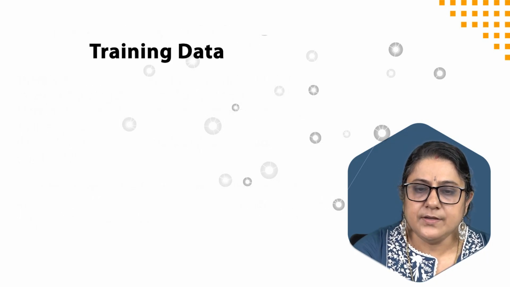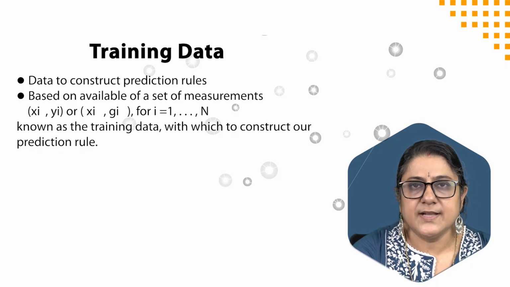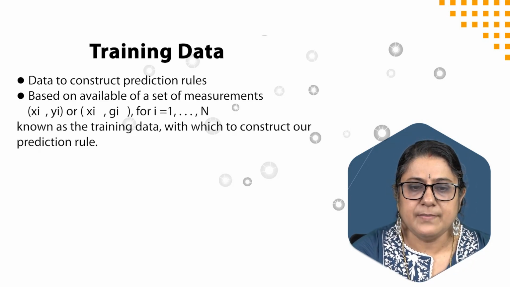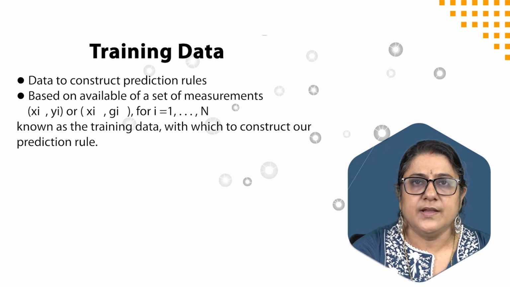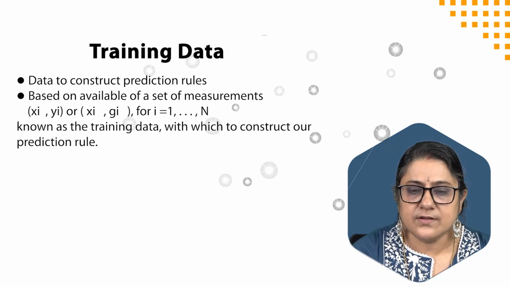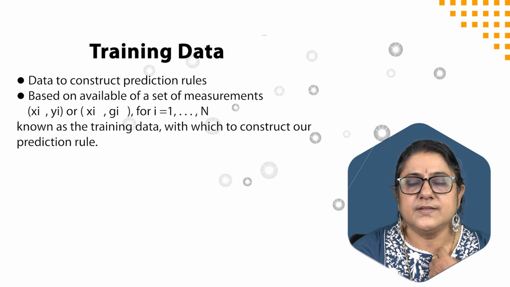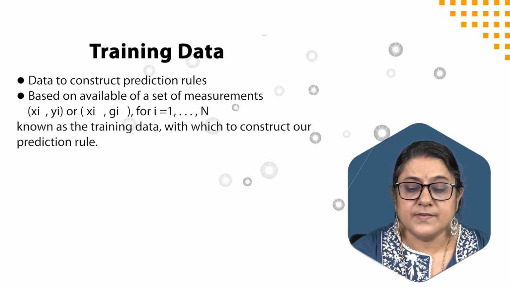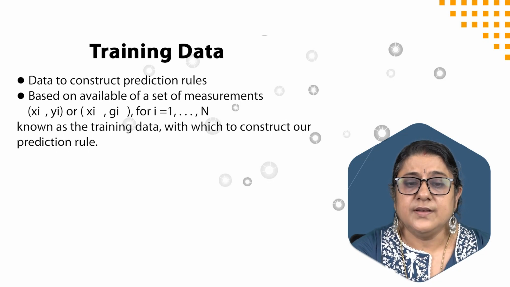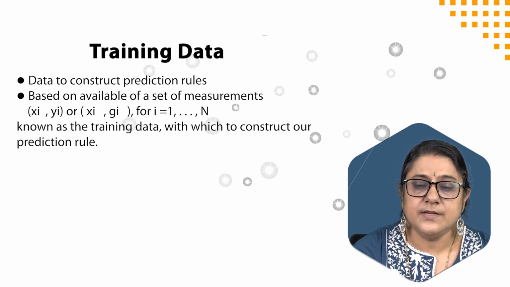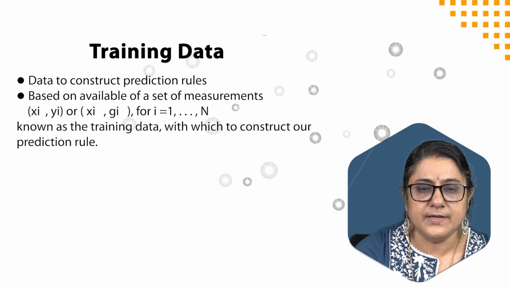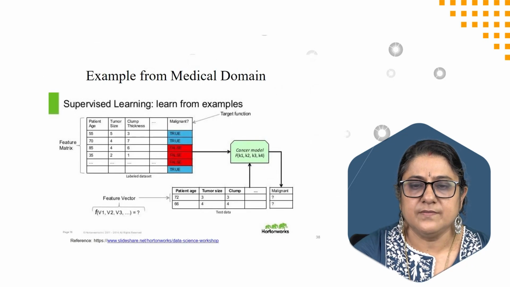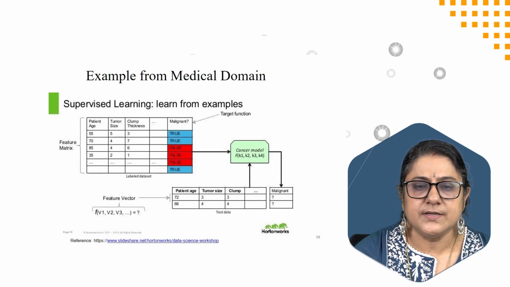Training data is where you have the input as well as the output. The mapping is already known, and the training consists of the algorithm which tries to create this function, which, as rightly mentioned here, learns the function that maps the input variable to the output variable. Taking an example of the supervised domain, this is supervised learning where the feature matrix is there.